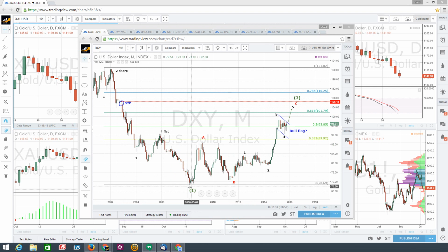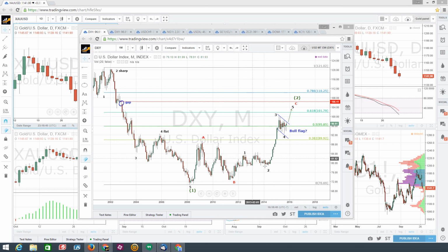But from this low at 70.69, we've been in a steady correction to the upside, correcting this impulsive drive from 2001. And what I see here is we've got initial wave A up, followed by a three-legged wave B down, and now we're working on a five-wave move to the upside that doesn't look completed yet.